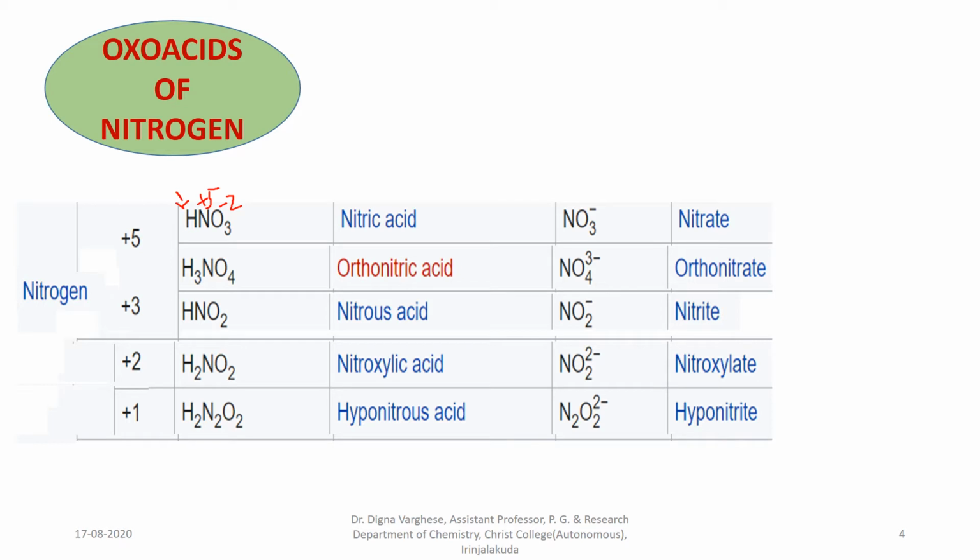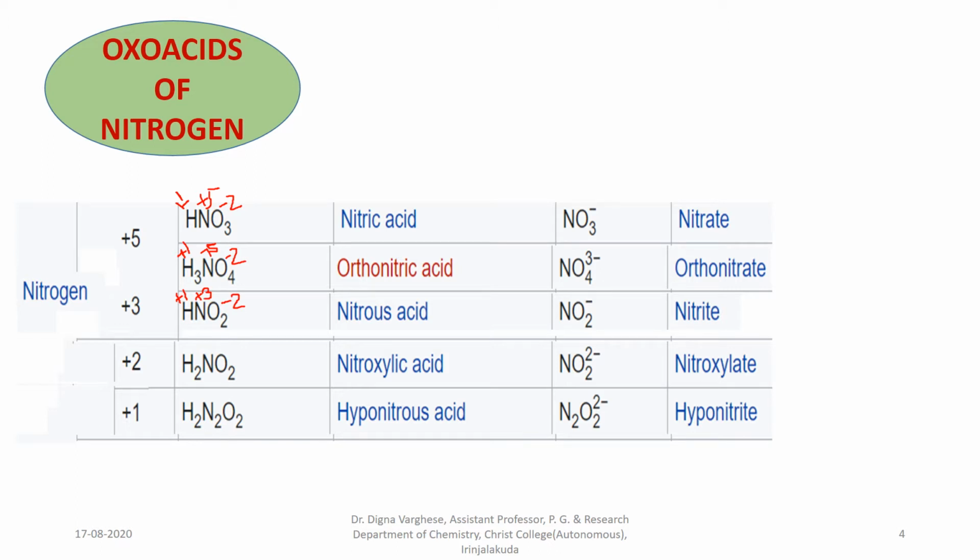And orthonitric acid has the formula H3NO4. In this, nitrogen is in plus 5 oxidation state. So nitric acid and orthonitric acid contain nitrogen with plus 5 oxidation state, but in the case of nitrous acid, the formula is HNO2, that is minus 2 with oxygen and plus 1 with the hydrogen, therefore plus 3 with nitrogen in this acid.